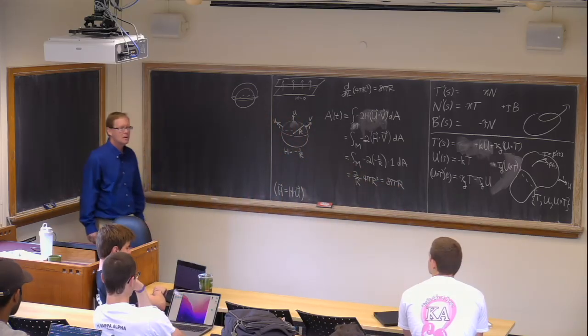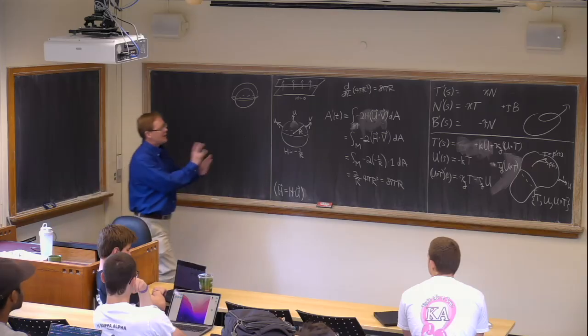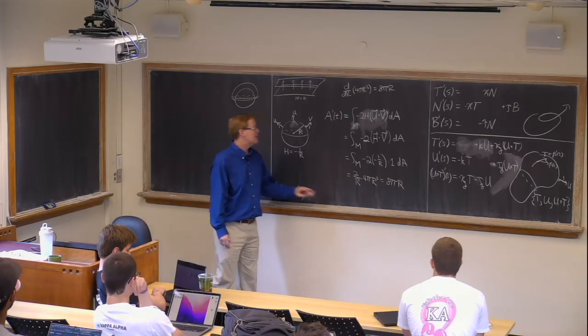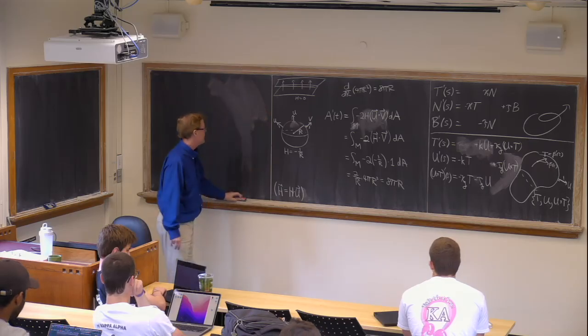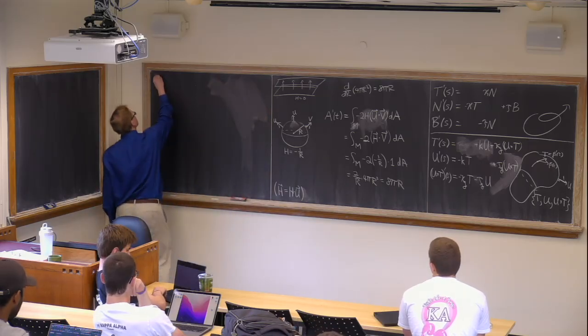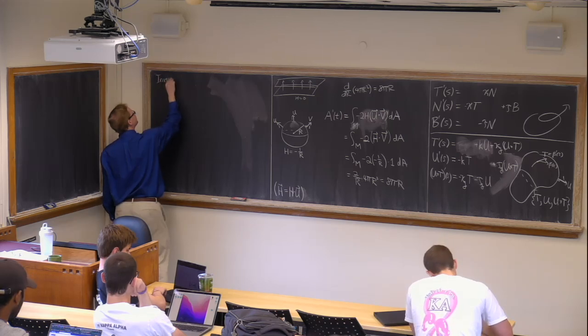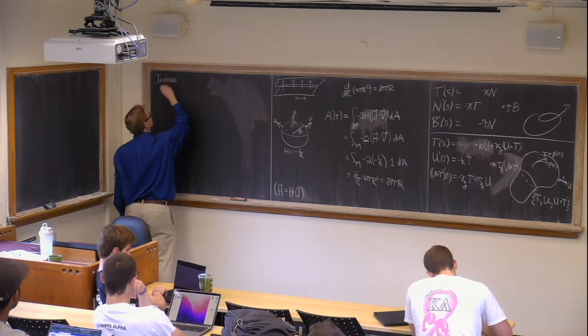Let me show you what I think is a really cool second application. It's still decently theoretical, and it's called inverse mean curvature flow. This is a very cool topic. I won't go off too far into it, but this is a real thing.